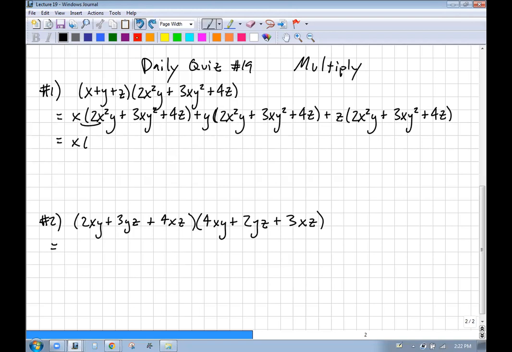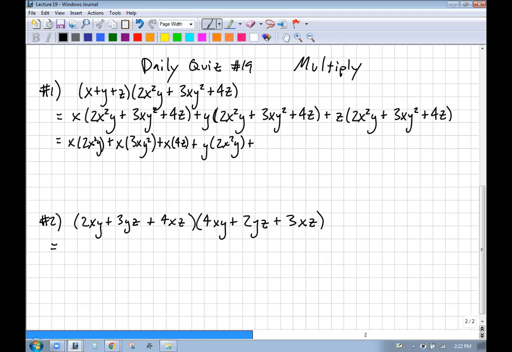So we have an x times a 2x squared y. We have an x times a 3xy squared. And we have an x times a 4z. All right, that's this part. Now we have a y times 2x squared y.